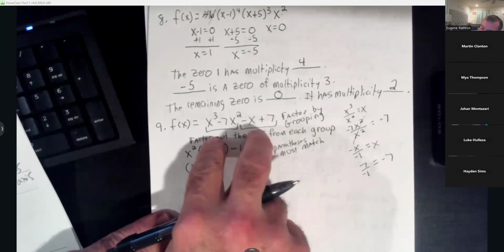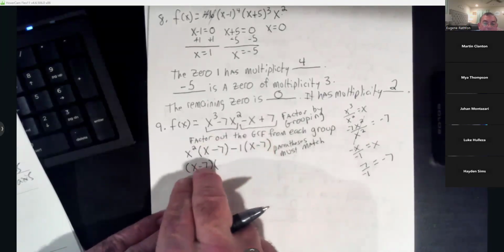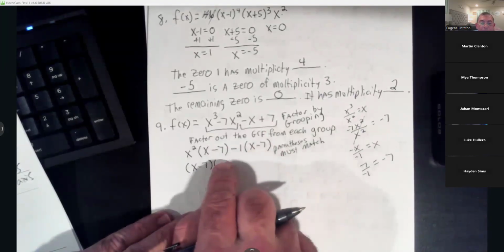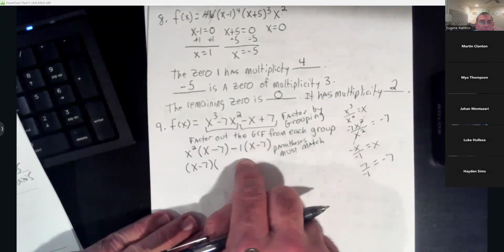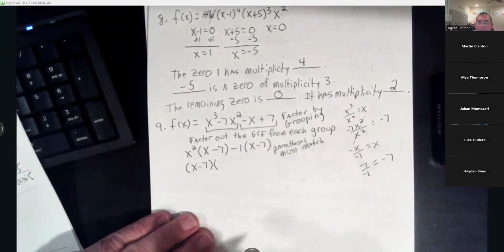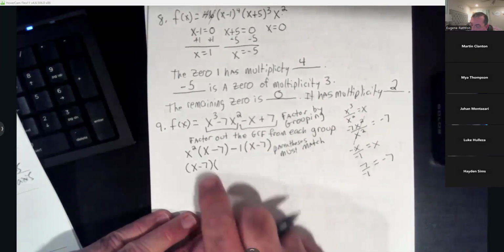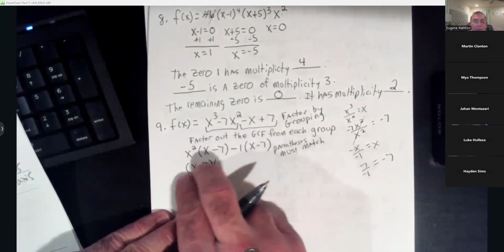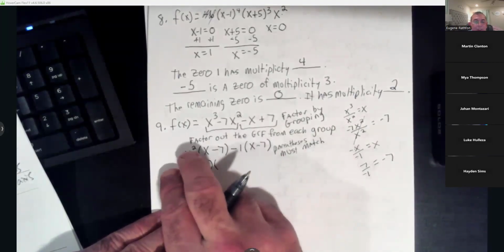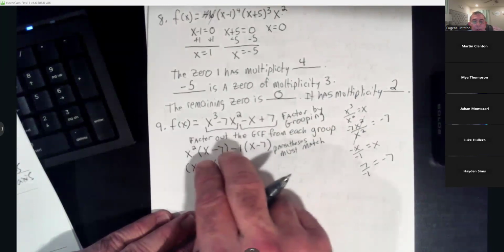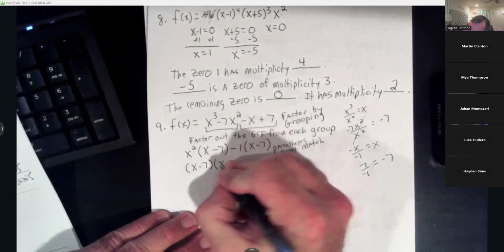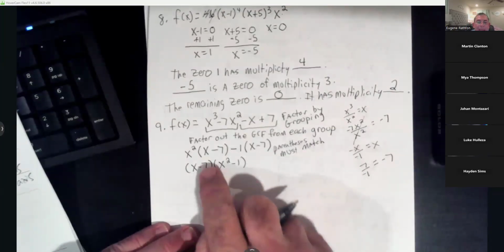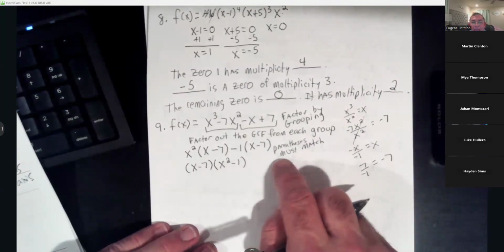I'm factoring out that x minus 7 like a GCF. If I factor out that x minus 7, what's going into the second parentheses? That's going to be what's on the outside. So the x minus 7 comes down as a GCF, and that leaves me x squared minus 1 for my second parentheses. At this point, we are factored.